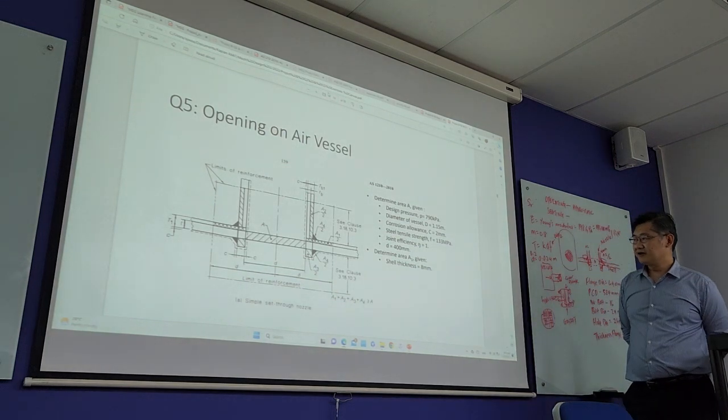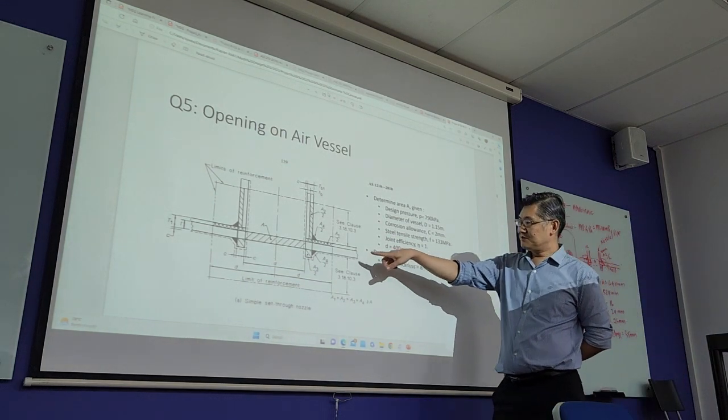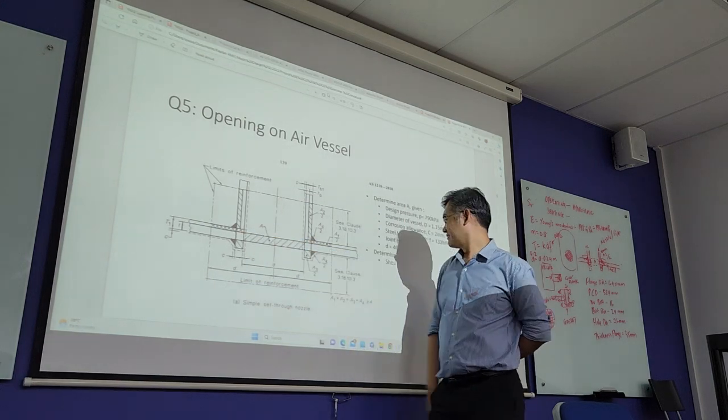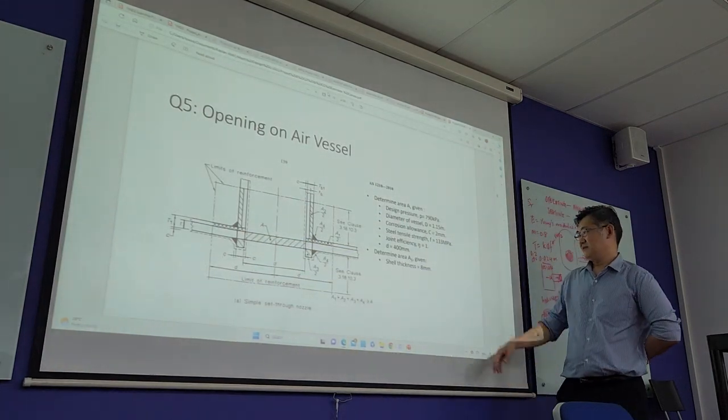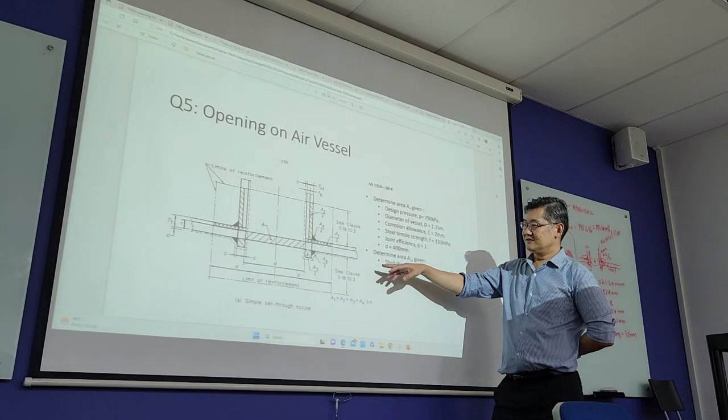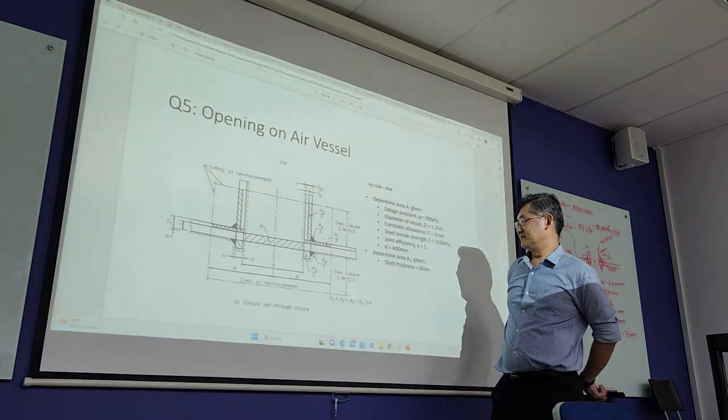So determine area A1. A1 is this part. And the shell thickness is this; it is your shell thickness.